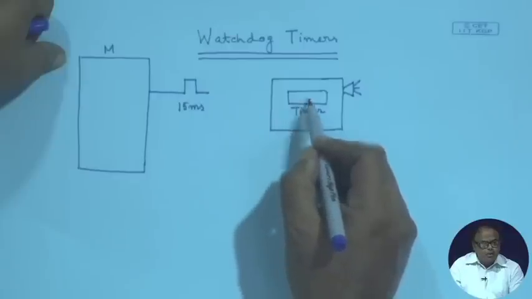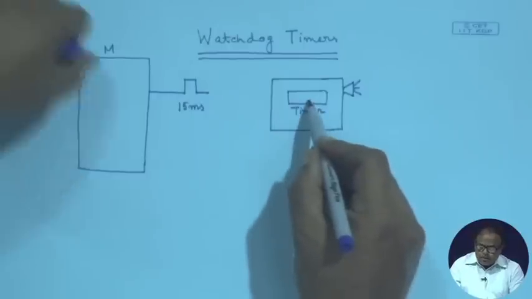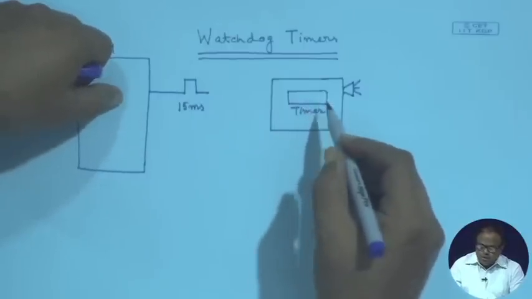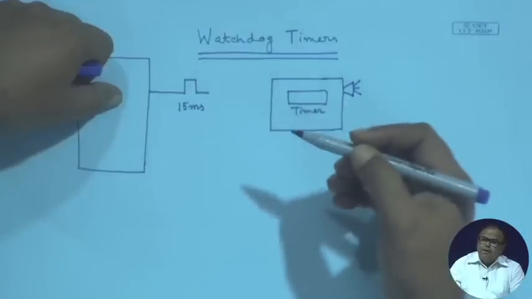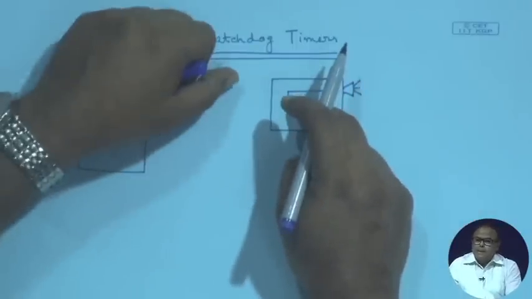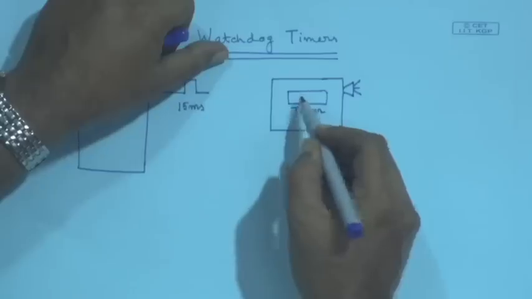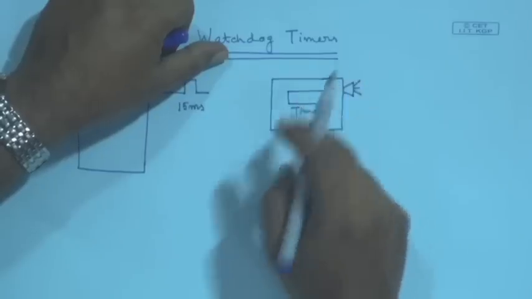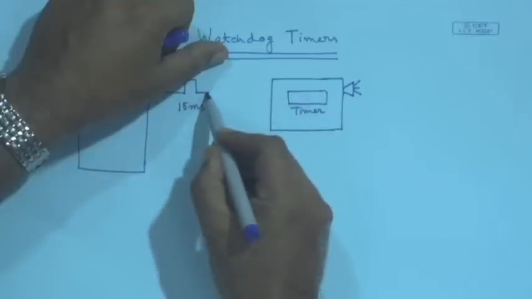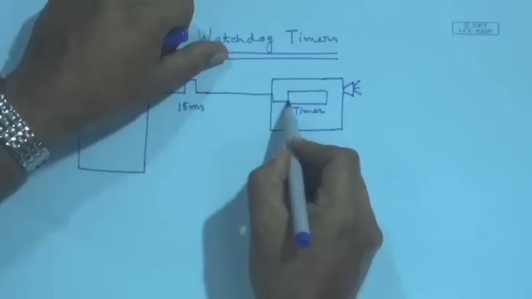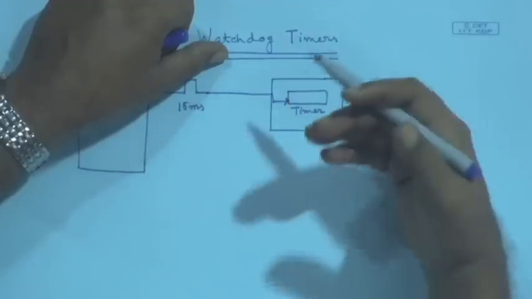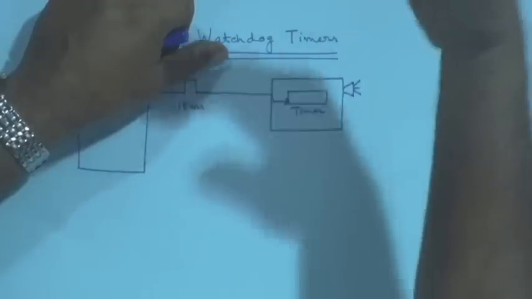This timer should be programmed with 15 milliseconds, or say 16 milliseconds, whatever you program, and this pulse will reset or set the timer again to 15 milliseconds.